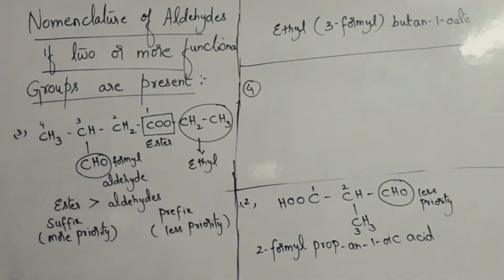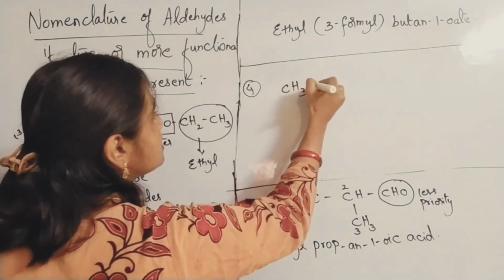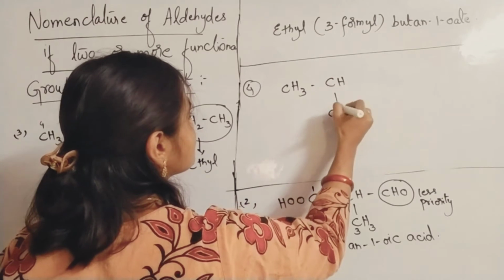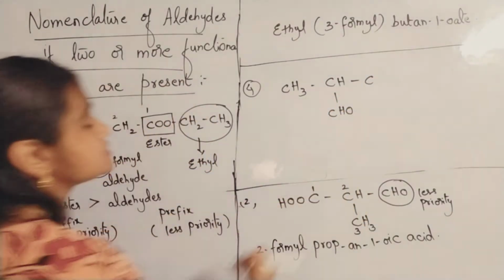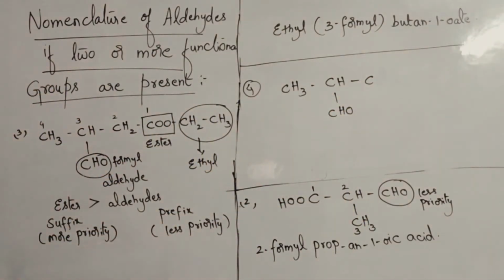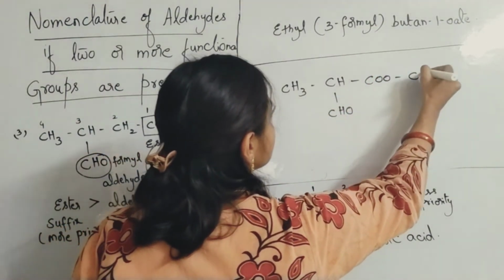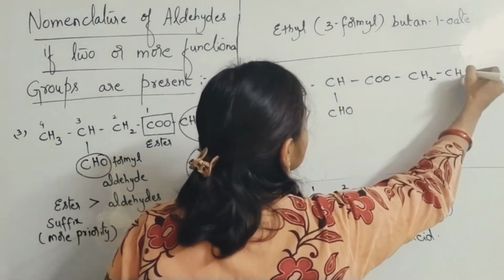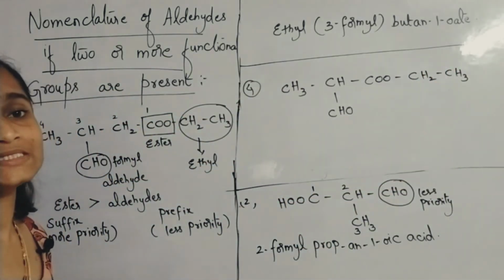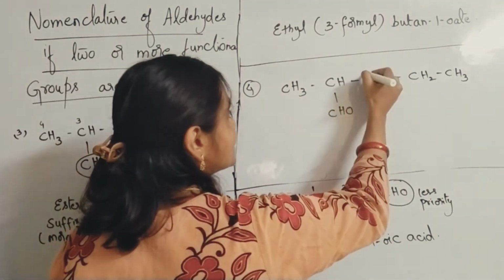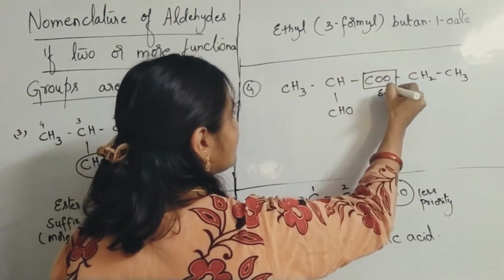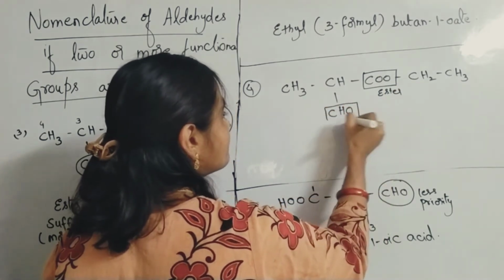Okay, next we will go to the next compound. Similar example, let us learn. One similar example we will take. CH3, CH, COO, this is one compound given to us. So this will be ester, and this will be aldehyde.